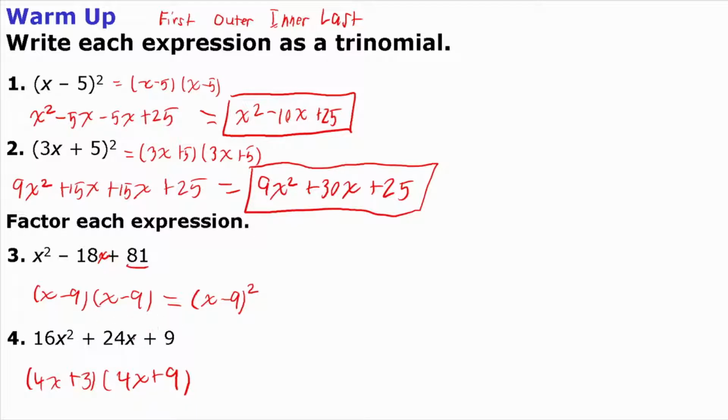There's not really many numbers that divide into 9 or 16 besides 4 and 3. Oh wait, this should be 9. I'm silly. This should be a 3. The way we think about it is 4 times 3 is 12, and then 4 times 3 is 12. Add those two together, it gives me 24x in the middle.